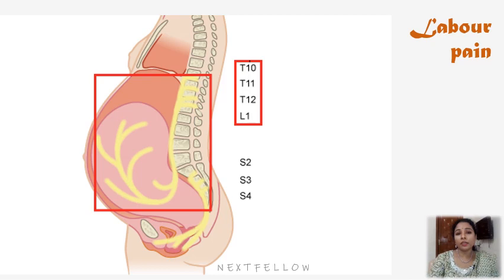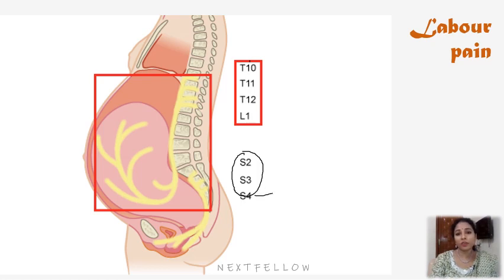But eventually, when labor enters the active phase, much of the pain is due to dilatation of the cervix and lower uterine segment, and pain travels through the hypogastric plexus and aortic plexus before entering the spinal cord at T10 to L1 nerve roots. Stretching and compression of the pelvic and perineal structures involve the pudendal nerve with the root value of S2 to S4. And so pain during the second stage of labor involves T10 to S4 dermatomes.